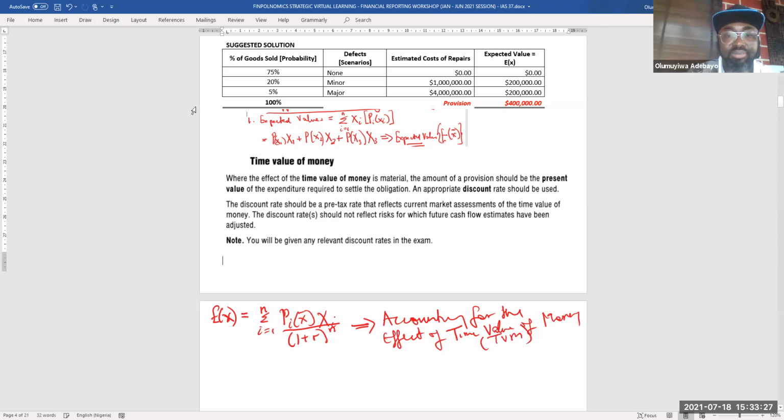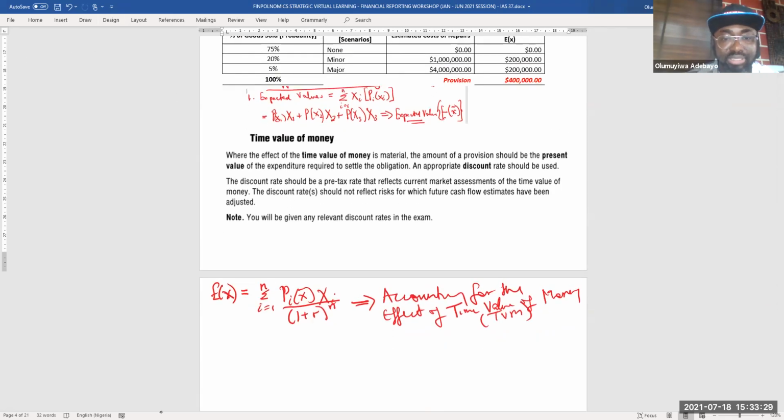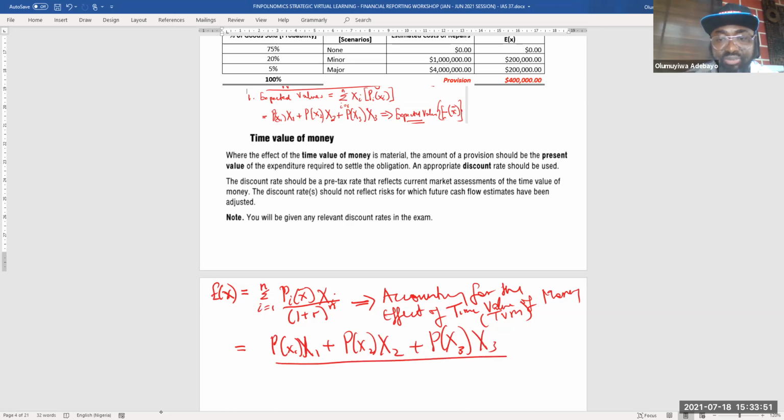Which means invariably, what I'm talking about is that it is P, X2, X3, and so forth, and you discount it back.